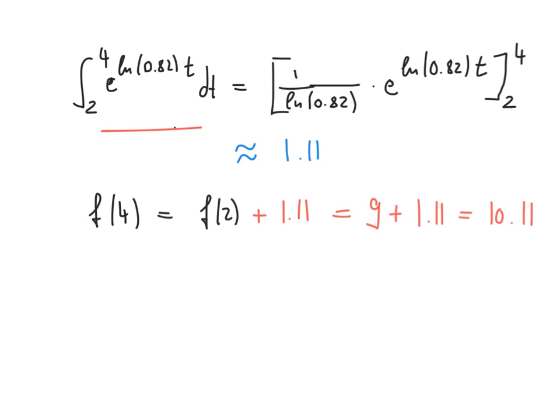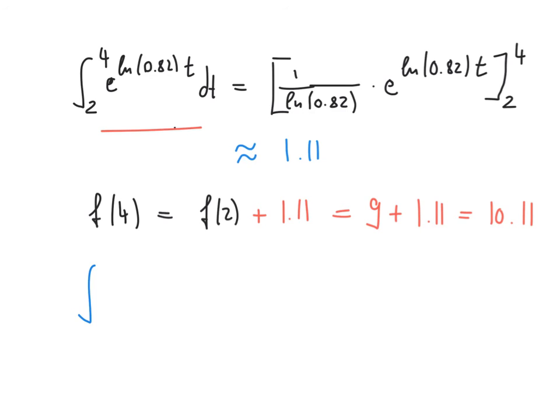Let's do one more value. So we want to do f of 6. F of 6 would be now by the same formula. So now let's start again with the fundamental theorem of calculus.